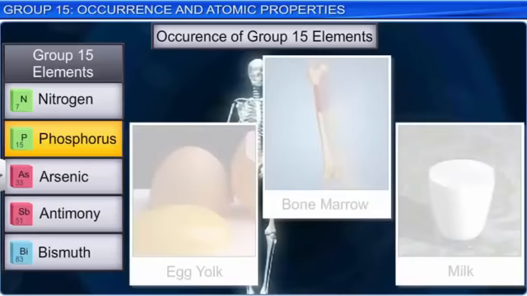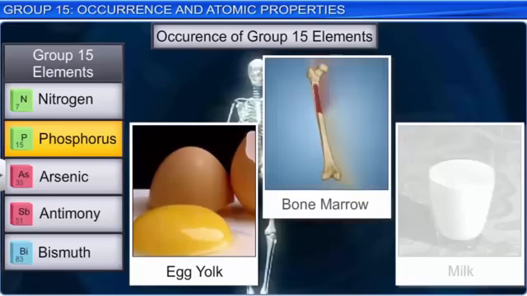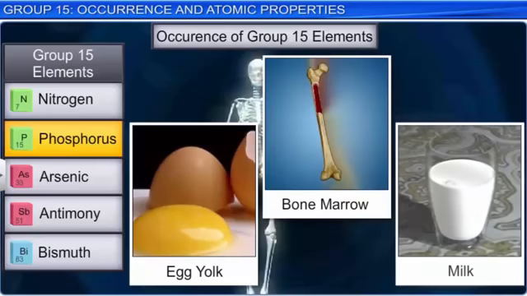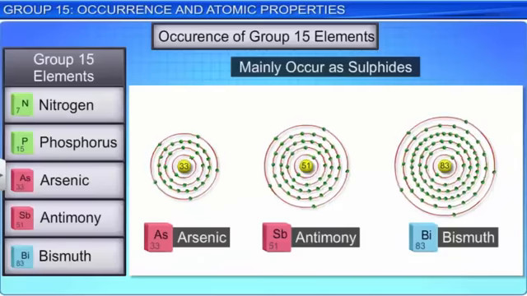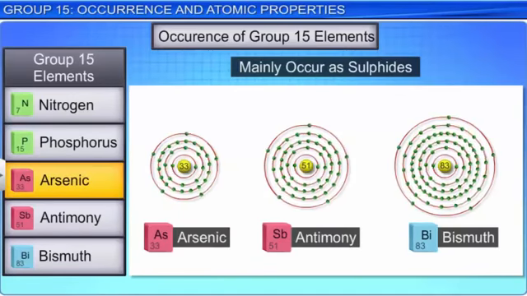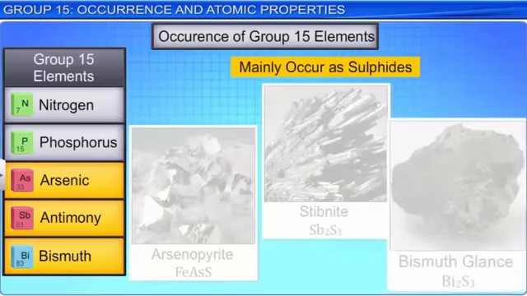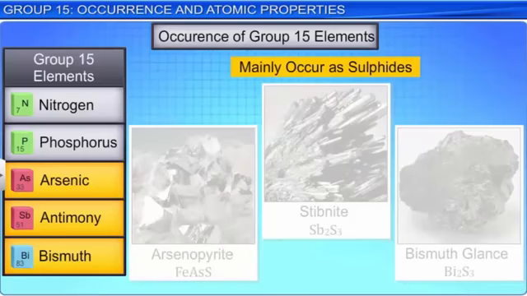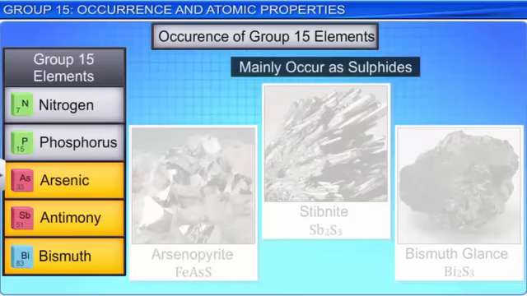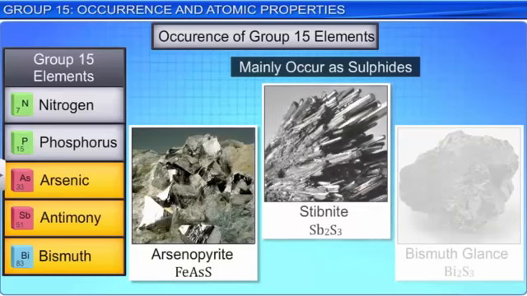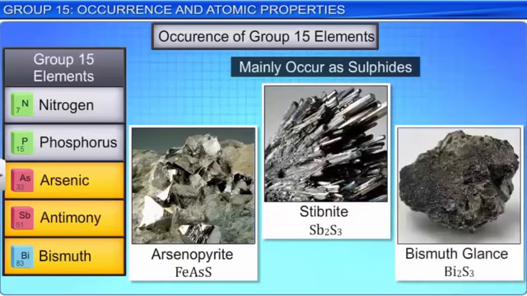Phosphoproteins are present in egg yolk, bone marrow, and milk. The remaining elements of the group, that is arsenic, antimony, and bismuth, mainly occur as sulfides. For example, arsenopyrite, stibnite, and bismuth glance.